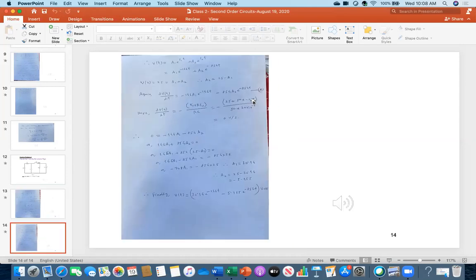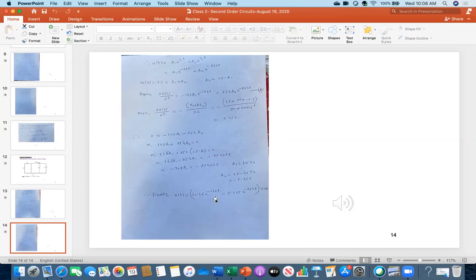Finally it gave me 0 volt per second. Now compare this, and by applying algebra we get A1 value 30.16 and A2 value minus 5.155. Then plug A1 and A2 into the actual equation. That's all, you are done.